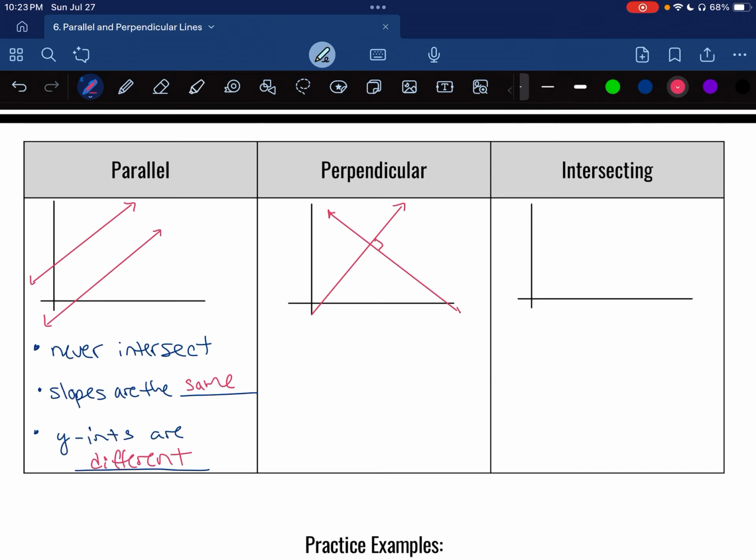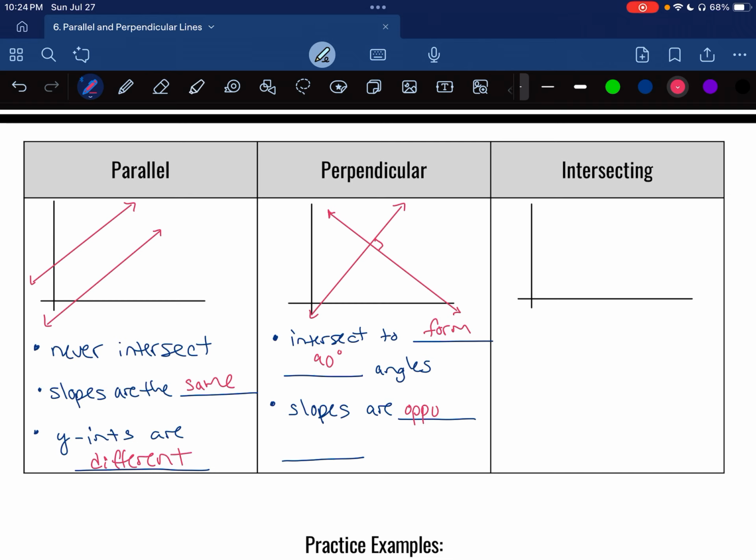All right, so with perpendicular lines, they intersect in a very particular manner to form right angles, or 90-degree angles. And their slopes are opposite reciprocals. So they have opposite signs, one positive, one negative, and they are reciprocals of one another.